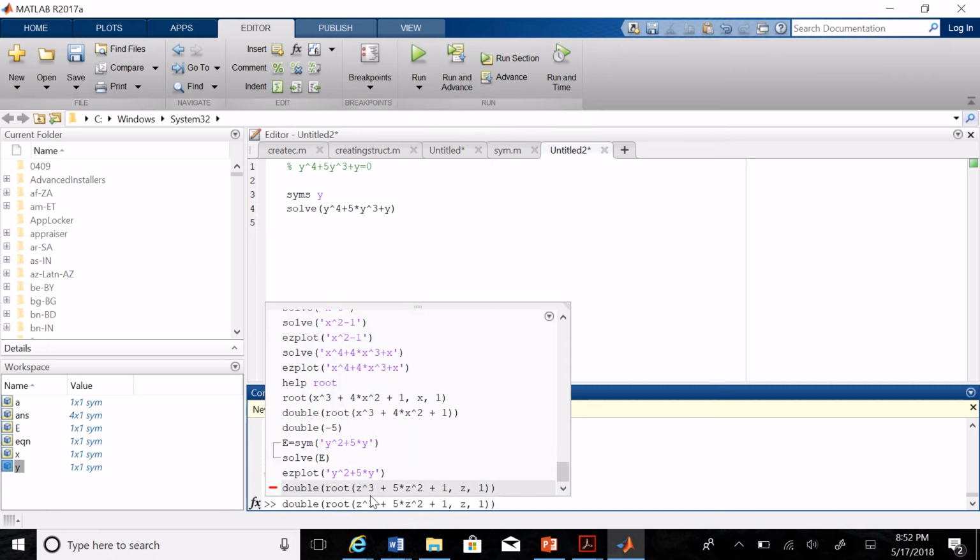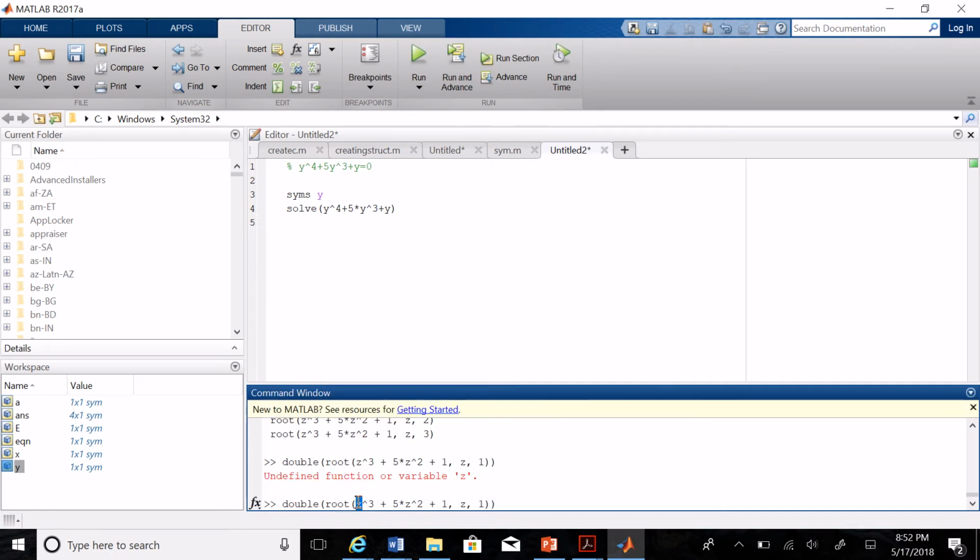Matlab understands z, and it understands y because I defined y as a symbol. As you see, I get 3 different answers for this equation.